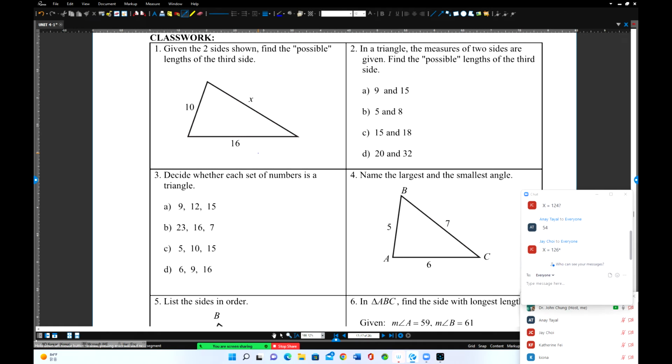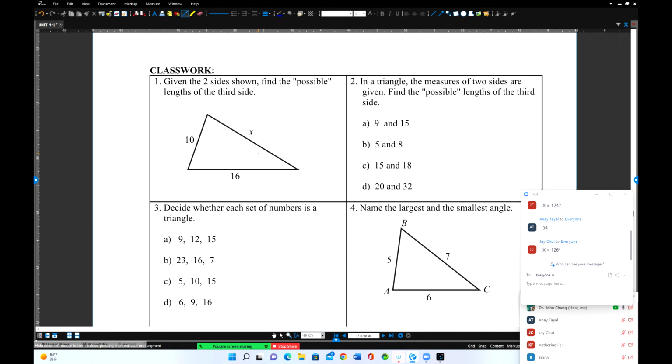Number one, given two sides, find the possible length of the third side. One of the sides must be less than the sum of the other two sides. 10 plus 16 equals 26.